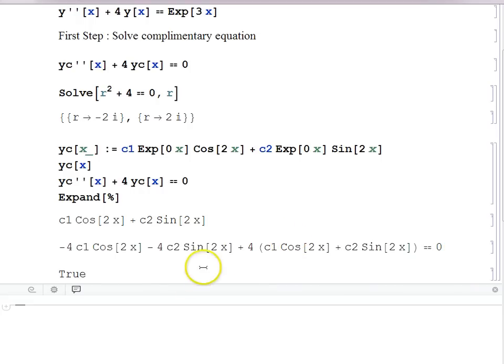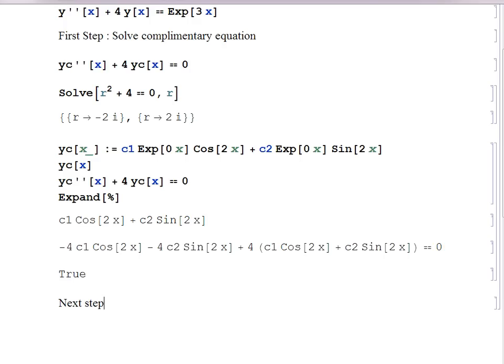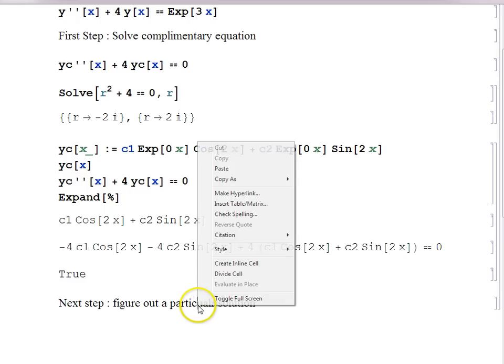And that's a pretty good guess, so let's try that. So next step, figure out a particular solution. Just one solution.